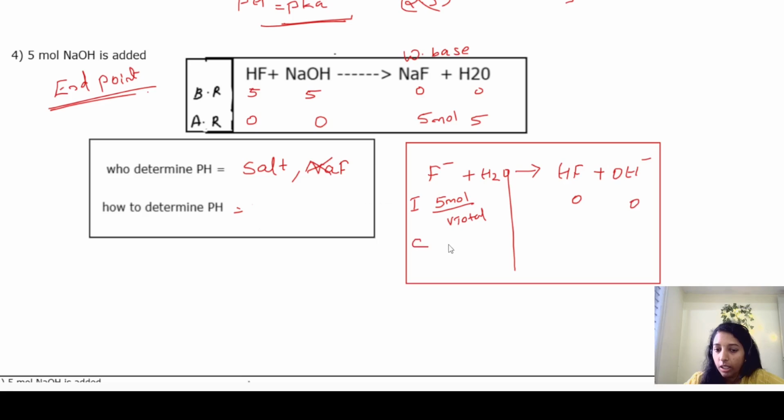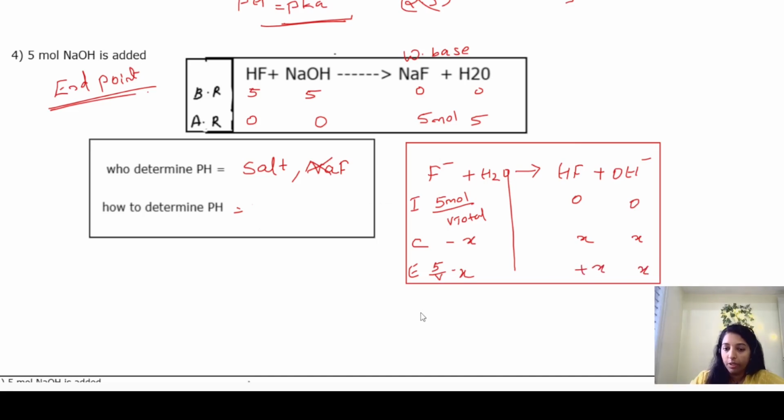Then the change, you can consider minus x and plus x. And here the equilibrium is 5 over V total minus x, and plus x for the products.